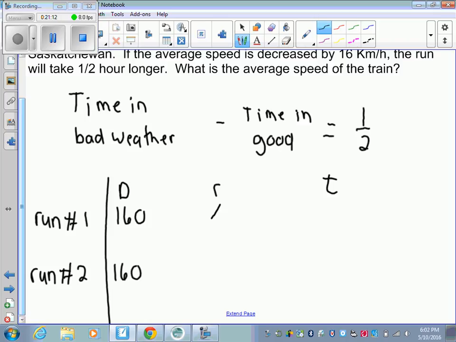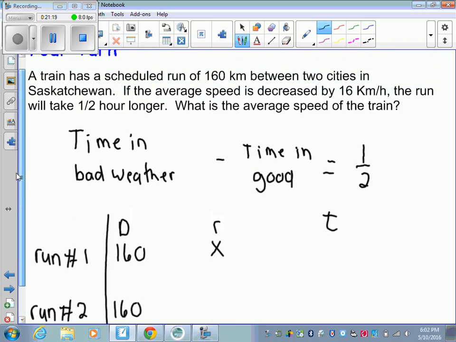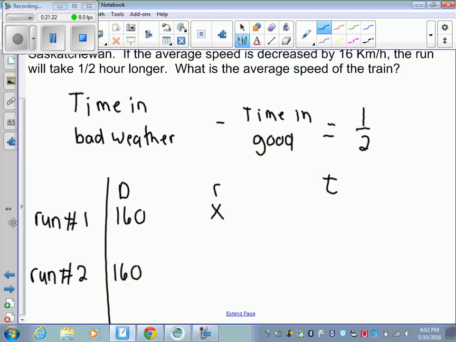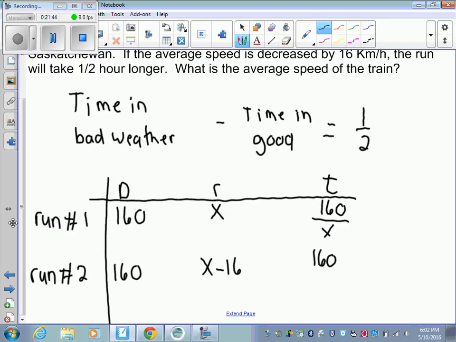So again, we're using X. All we know is that on run number 2, his average speed decreased by 16. The word decrease means subtract. So just like in our Flin-Flon problem, to get time, I'm going to do distance divided by rate. So 160 divided by X. And this one would be 160 divided by X minus 16.